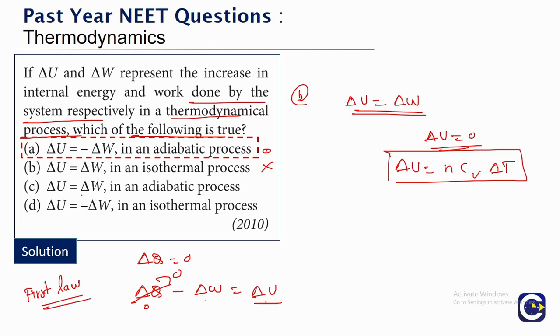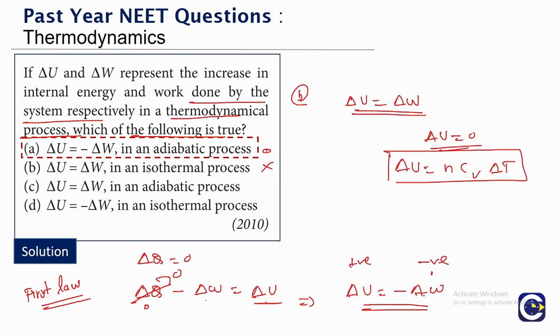Look at option C. It's saying delta U is equal to delta W in adiabatic process. So just the sign difference is coming. In adiabatic, no heat is supplied to the system. The significance of delta U equal to minus delta W: if delta W is negative, then delta U will be positive.